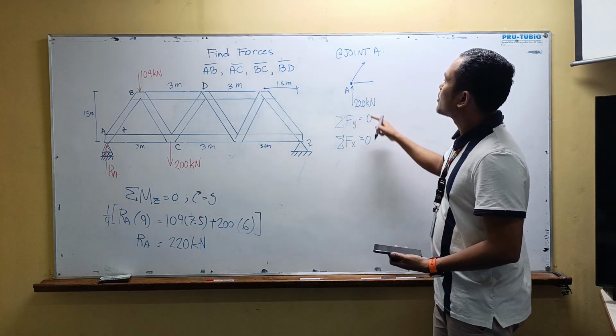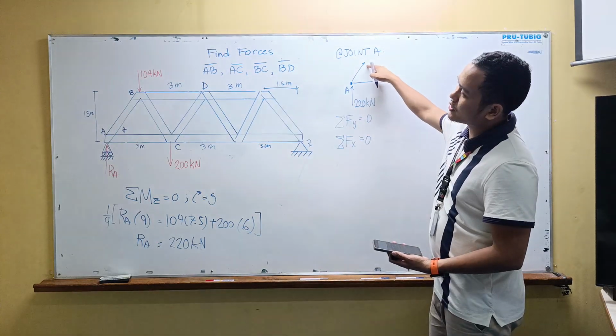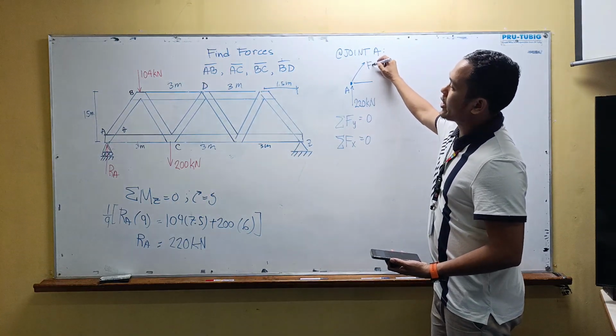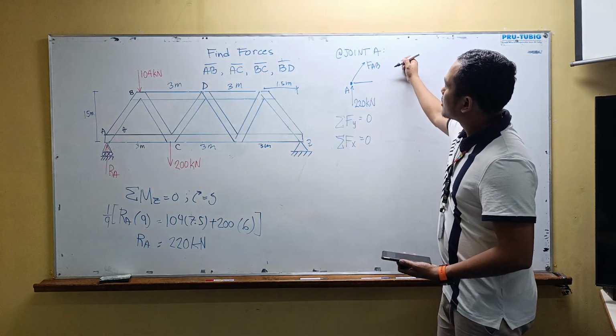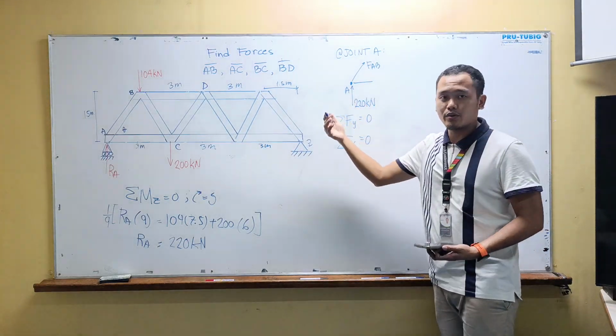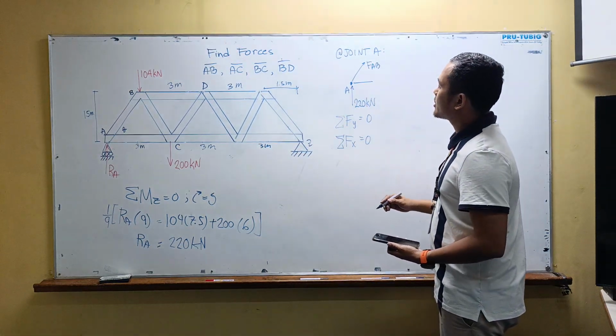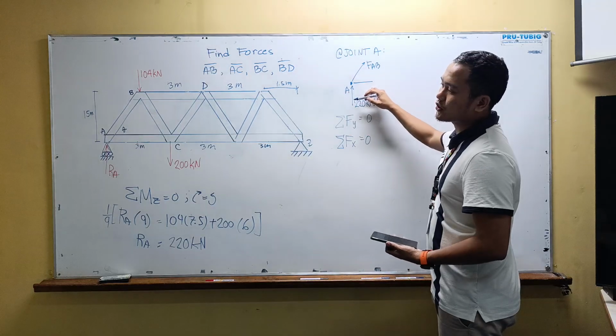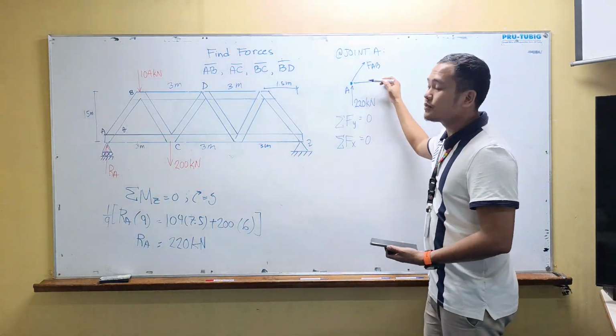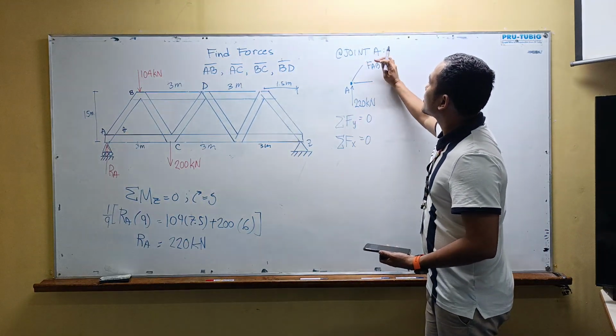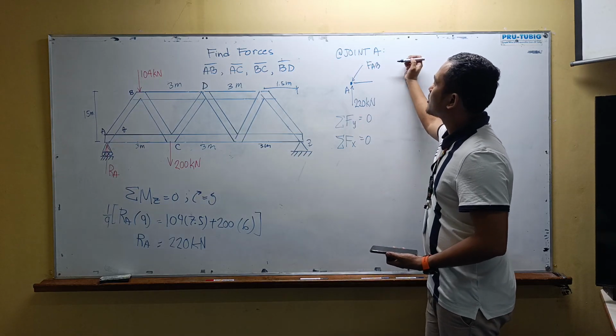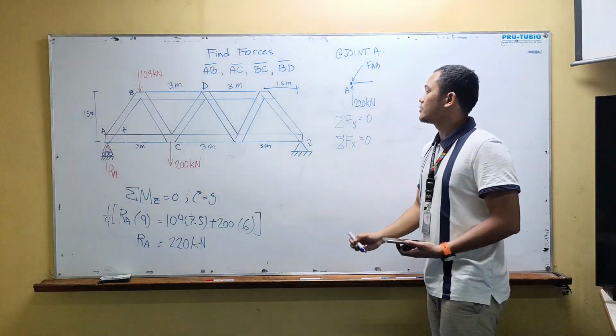So in this case, what direction for force AB would allow for equilibrium? Since we are sure that RA is going up, FAB then must be going down.